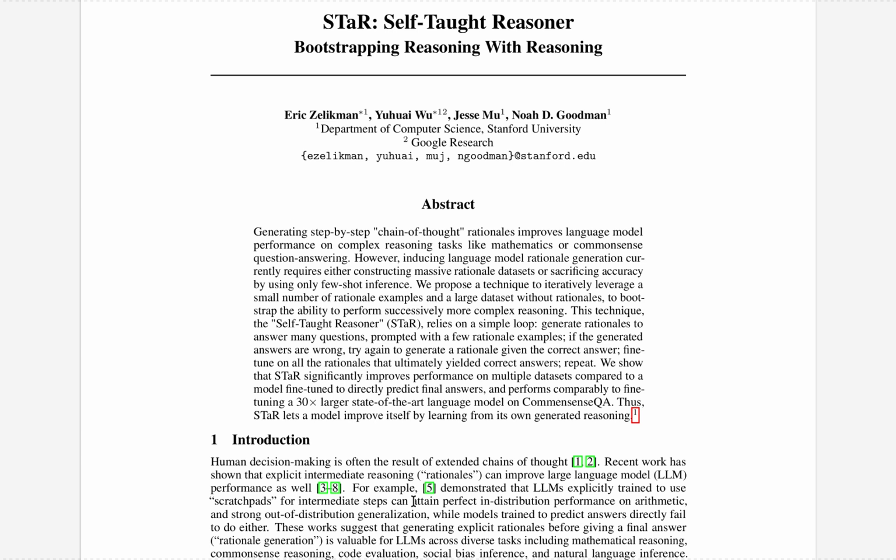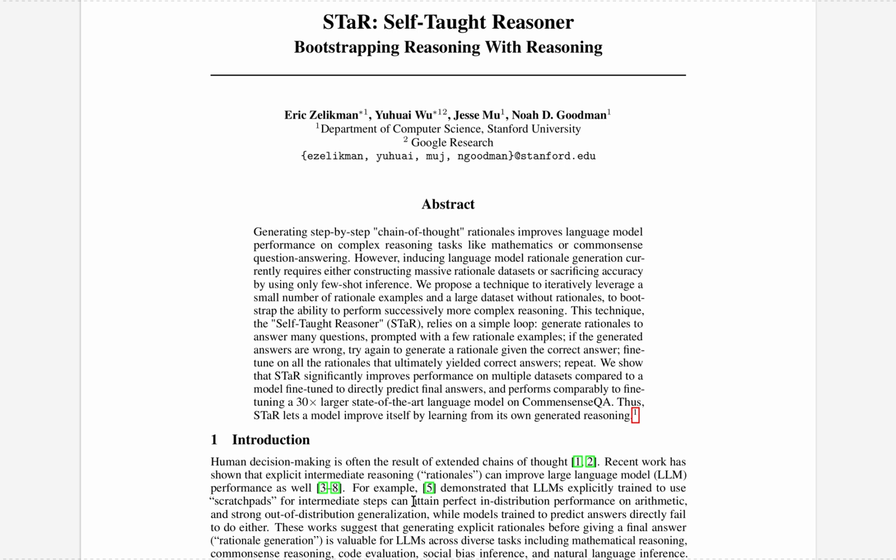This technique, the self-taught reasoner, STaR, relies on a simple loop: generate rationales to answer many questions, prompted with a few rationale examples. If the generated answers are wrong, try again to generate a rationale given the correct answer. Fine-tune on all rationales that ultimately yielded correct answers.